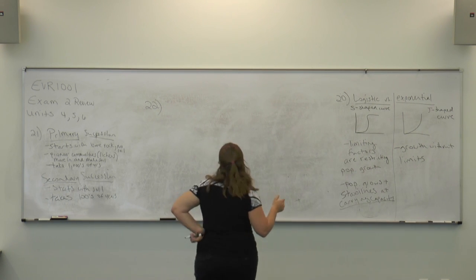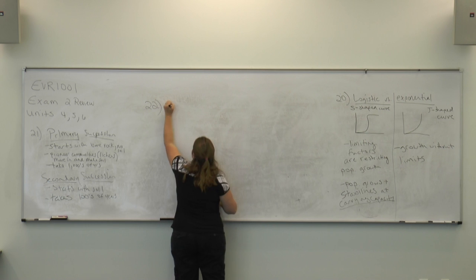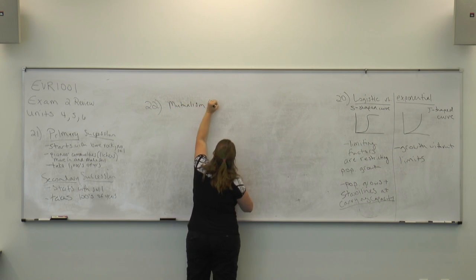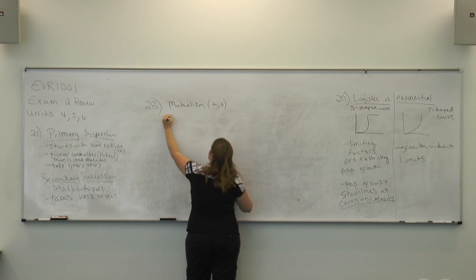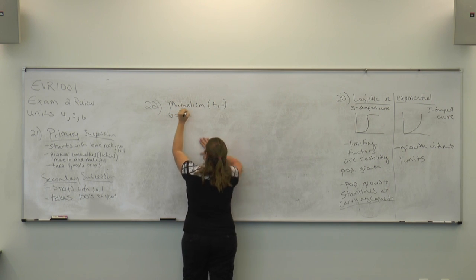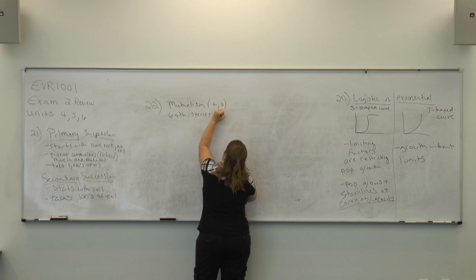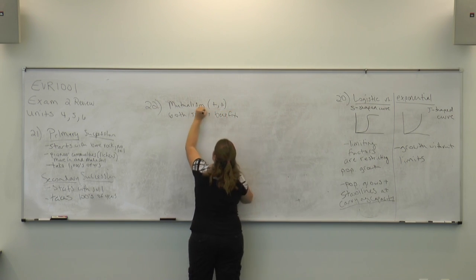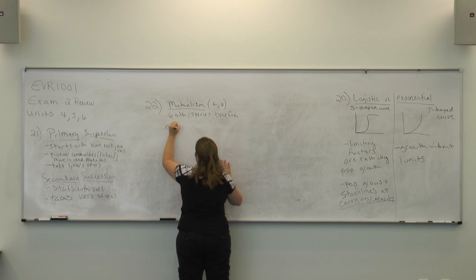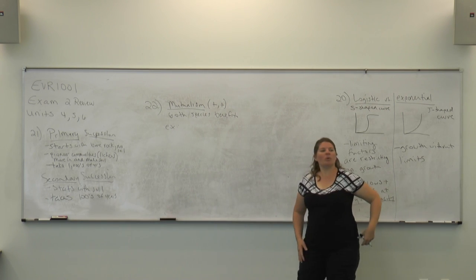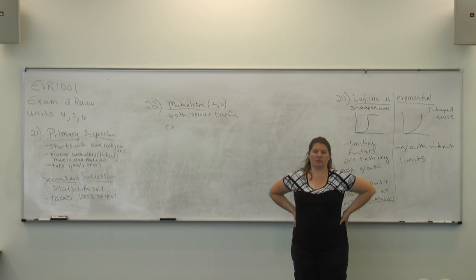Mutualism, yeah, mutualism, and that's a plus-plus relationship. Both species benefit. What was an example that we talked about, or even an example that you could think of that would work for mutualism? Both species benefit.